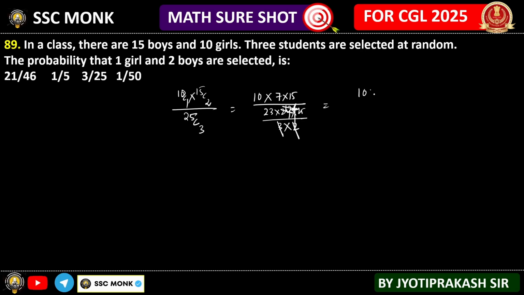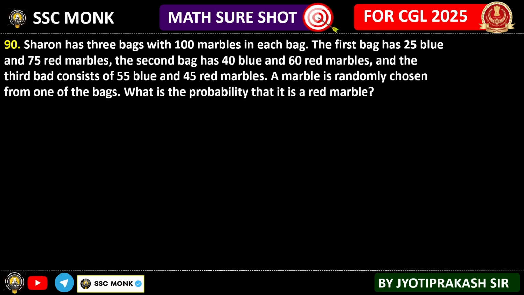Sir, here 10 into 7 into 15 divided by 23 into 4 into 25. 5 3s are 15, 5 5s are 25, 5 2s are 10, 2 2s are 4. So answer is 21 by 46. Answer option A. Clear?